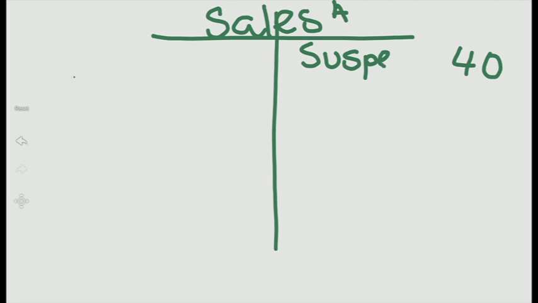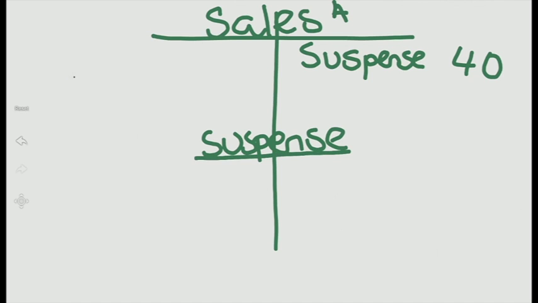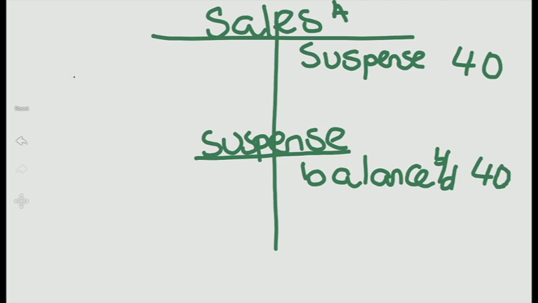The suspense account. Our suspense account had a balance on the credit side of 40 emalangeni.